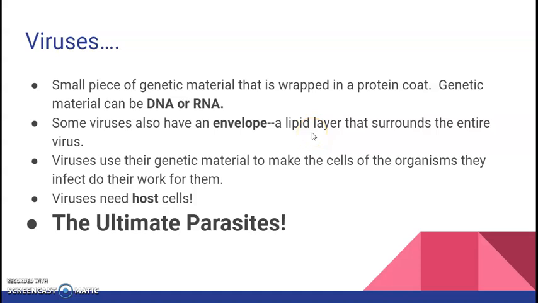It's very like the cell membranes, and in fact, it comes from the cell membranes of the host cell. So an enveloped virus has this additional lipid layer, and embedded within that lipid layer can be a variety of proteins.